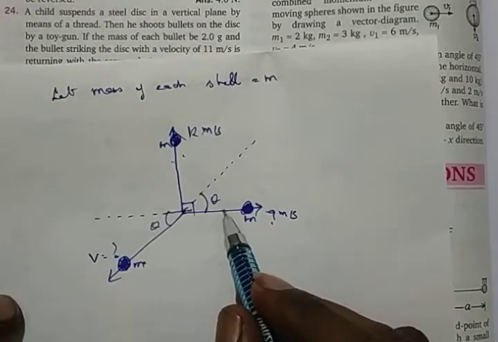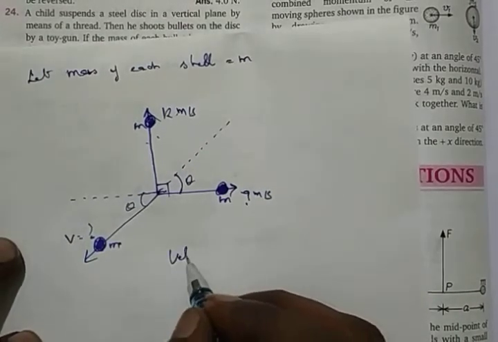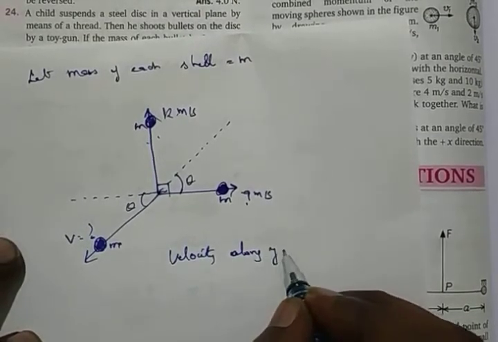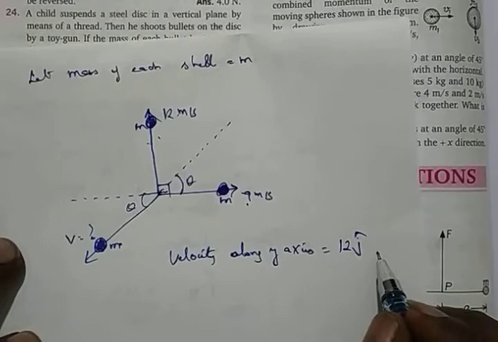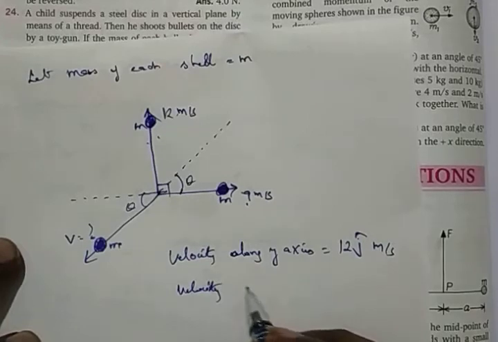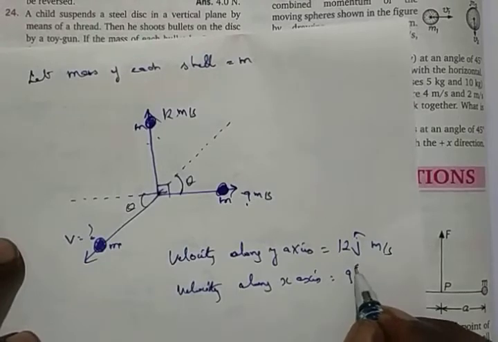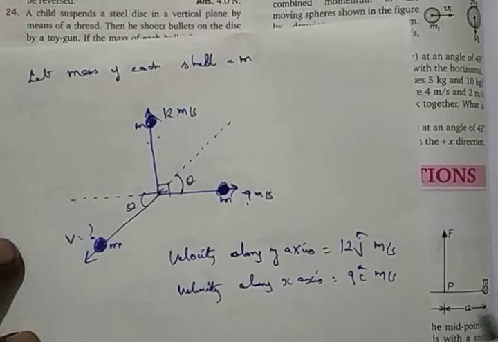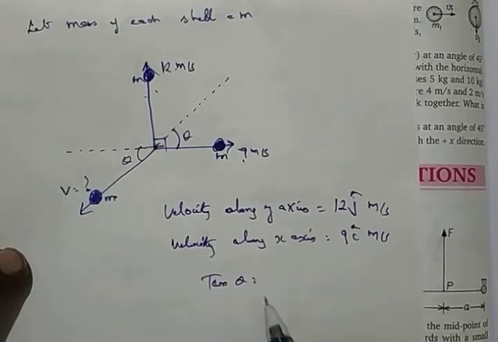First, let us try to find the value of theta. Velocity along the y-axis is 12 j cap, and velocity along the x-axis is 9 i cap meter per second. So what will tan theta be equal to?